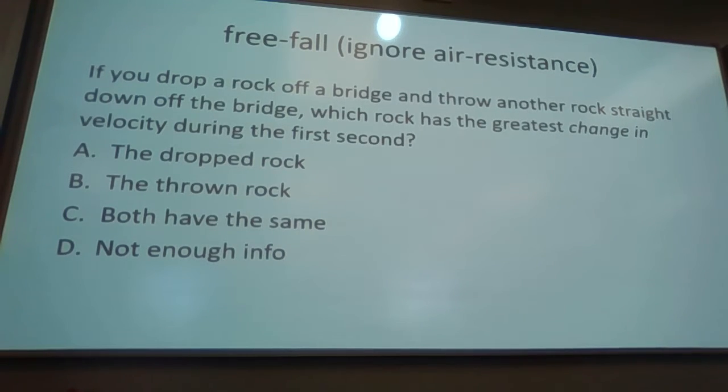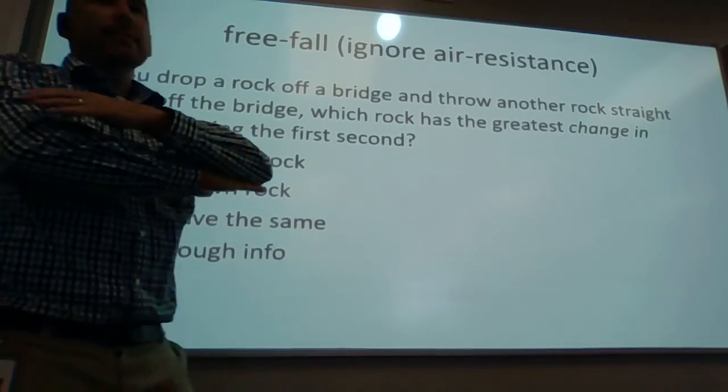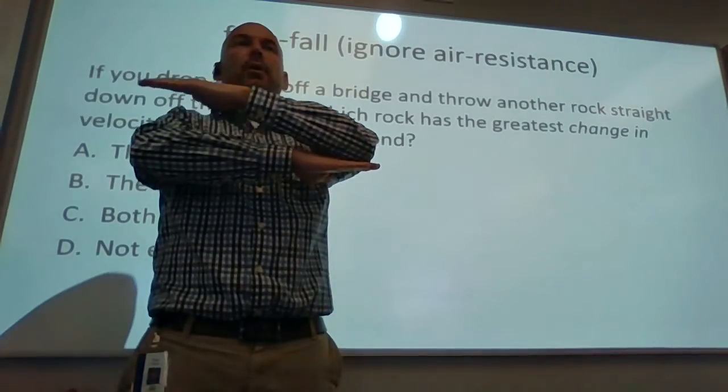Both experience, I'm going to round that to 10, a change in velocity of 10 meters per second every second. The dropped one goes from 0 to 10 meters a second in 1 Mississippi.